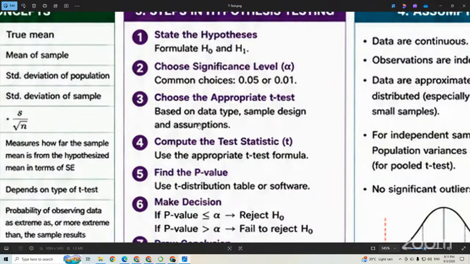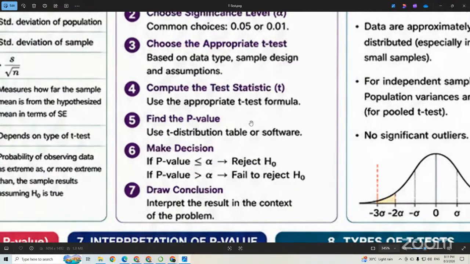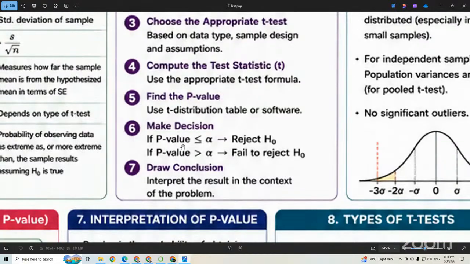One of them we have to choose, and after deciding, we compute the test statistic, calculate the p-value, and make the decision. You will always observe that when we decide, there is no importance of the t-statistic value. The importance is only of the p-value. On the basis of only the p-value, you decide whether to reject or fail to reject H0.